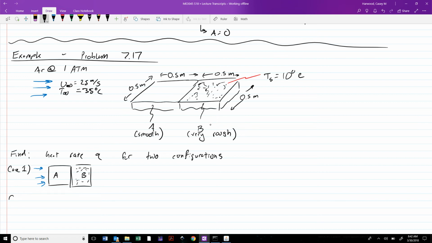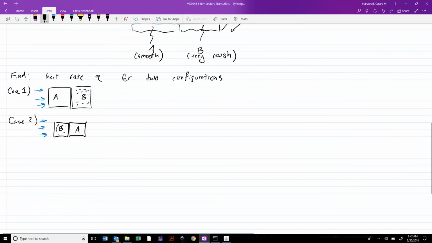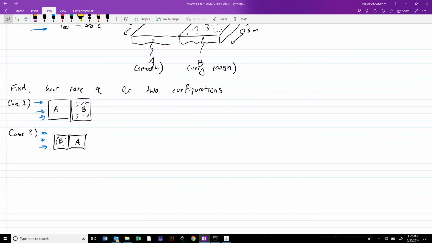And for case 2, we're going to reverse those, so we have the flow coming from left to right with the roughened plate preceding the smooth plate.